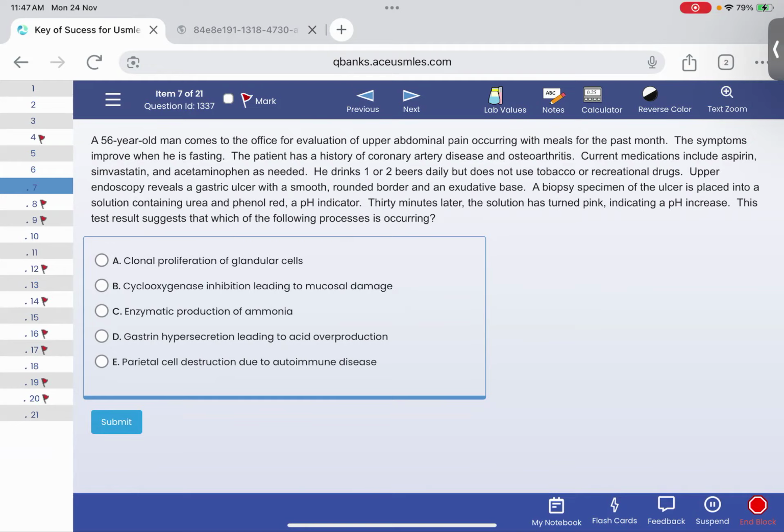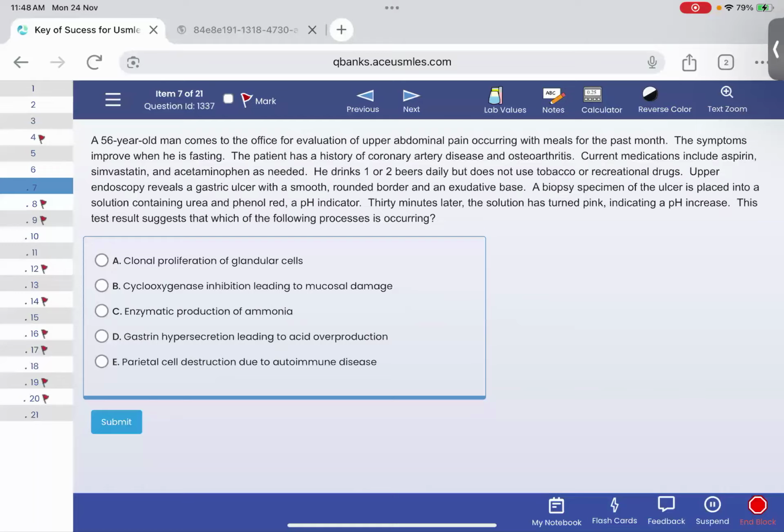He drinks 1 to 2 beers daily but does not use tobacco or recreational drugs. Upper endoscopy reveals a gastric ulcer with a smooth, rounded border and an exudative base. The biopsy specimen of the ulcer is placed in a solution containing urea and phenol red, a pH indicator. 30 minutes later, the solution turns pink, indicating a pH increase. This test suggests which of the following is occurring?